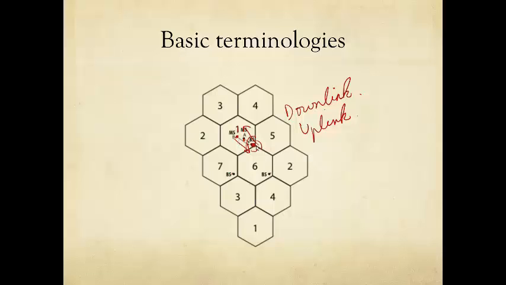Suppose the distance between this base station and this mobile station is d. The signal attenuation drops over distance, roughly proportional to d to the power minus 2 to d to the power minus 4, depending on the propagation environment.